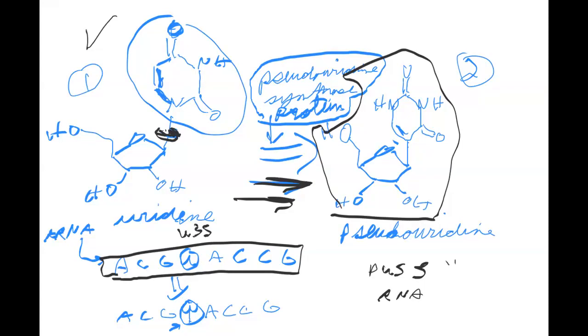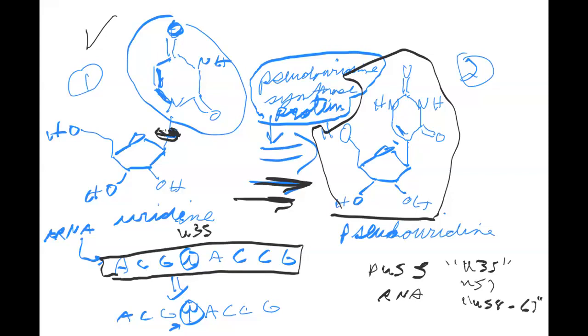So these change a certain region, a certain location, like only U35 or only U57, or it may be a cluster. Maybe it's the U58 location all the way to 67 or whatever, right?